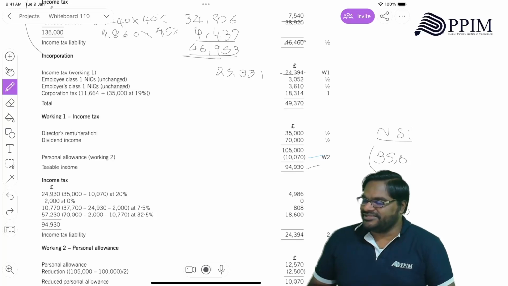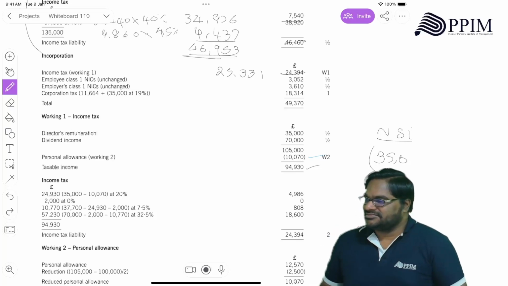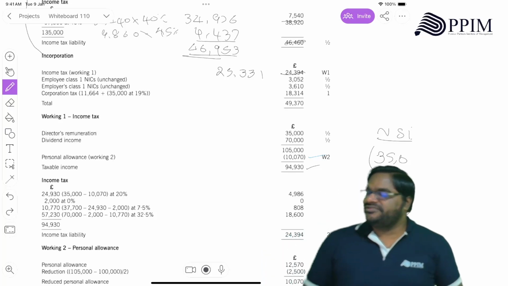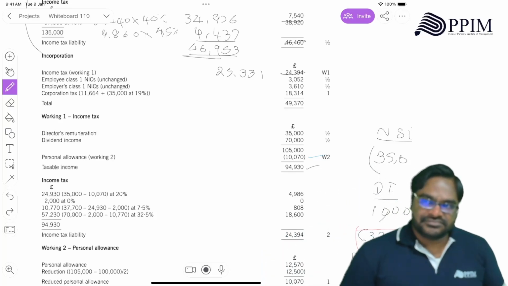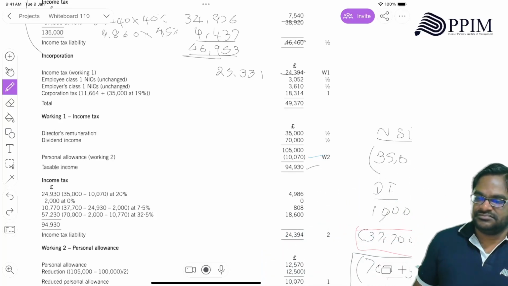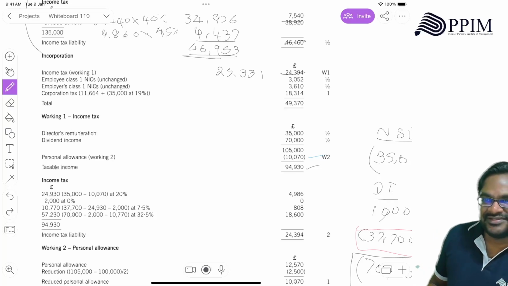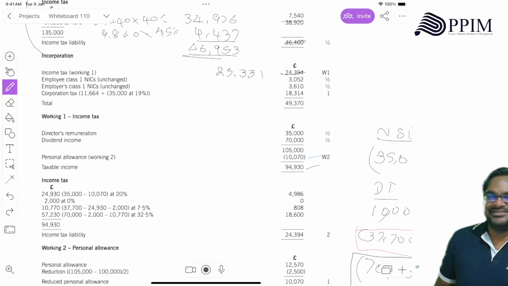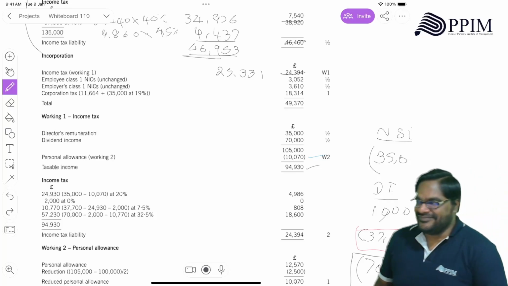Now corporation tax, what are we going to do? 15%? How? 25, right?